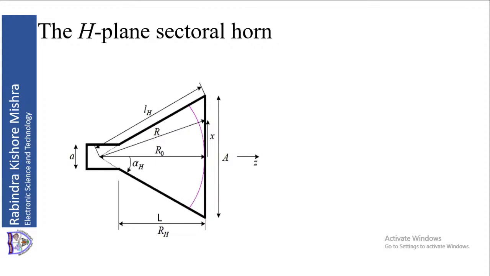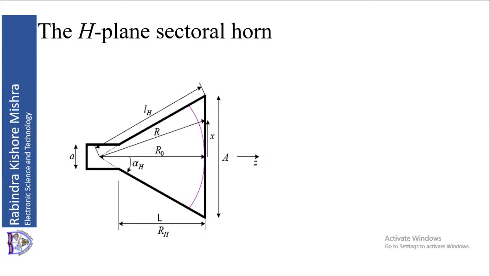Now X square by R0 square will always be less than 1, so you can use a binomial expansion. That will be 1 plus 1 by 2 X square by R0 square.